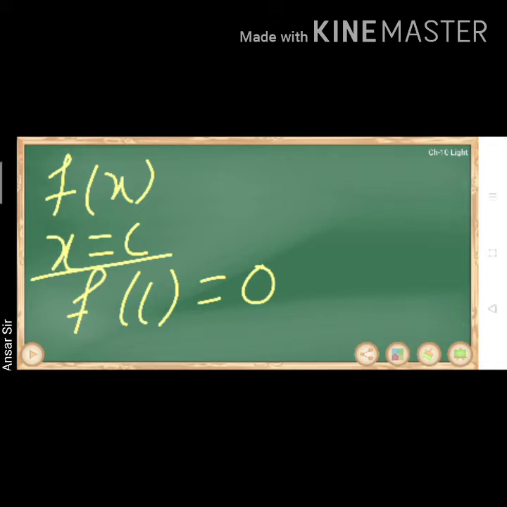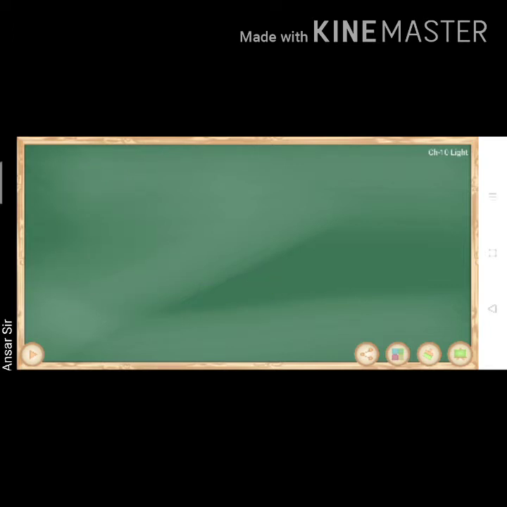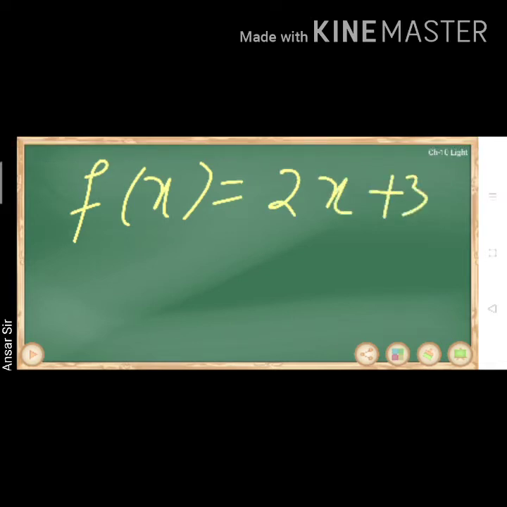Let us take the polynomial f of x equals 2x plus 3. We have to put in a value of x such that the polynomial becomes 0. Let's take an example.